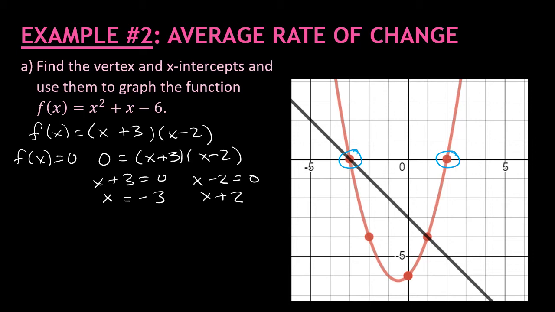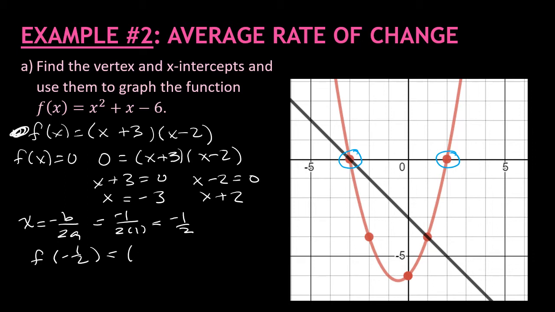If I want my vertex, you can do your vertex a couple different ways. x equals -b over 2a, which is -1 over 2 times 1. So the x-coordinate of my vertex is -1/2. I can substitute that back into any of these equations. I'm going to substitute it in right here.